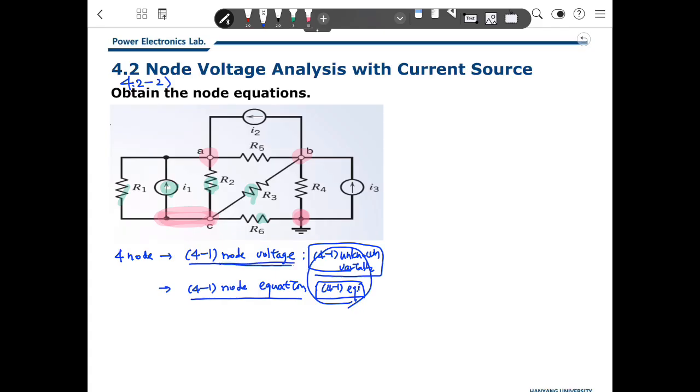So based on node voltage, we can calculate all the currents in here. So to get the node equations, I will define the variables, especially current. So I decide this current is I1 here, and this current is I2.